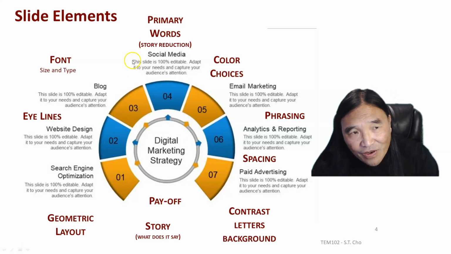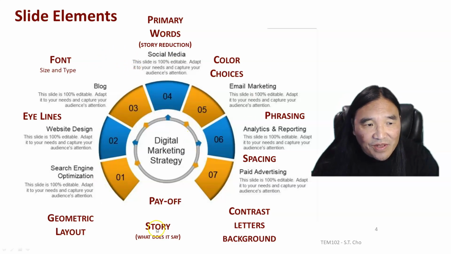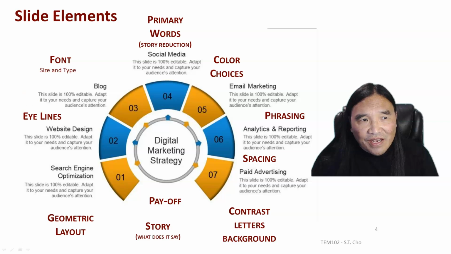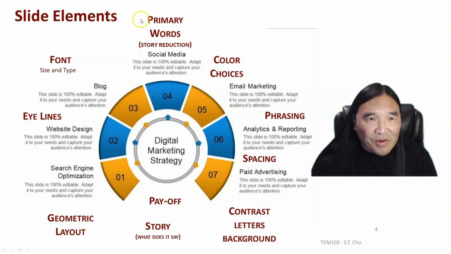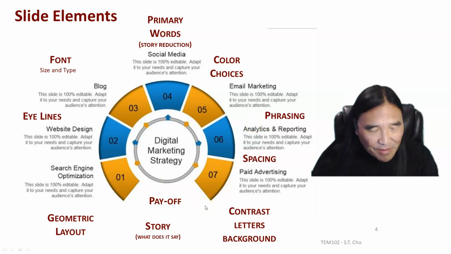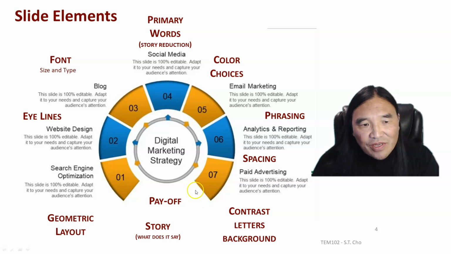When we look at all the slide elements, this is it all laid out here, how it's laid out. Eye lines, when I look at it, can I see things clearly? Can I follow it? The font, the primary words, the color choices, the phrasing, and ultimately the payoff. Does the story do what it says?